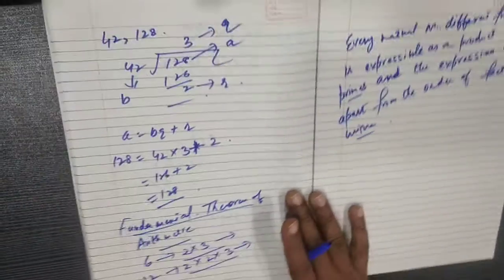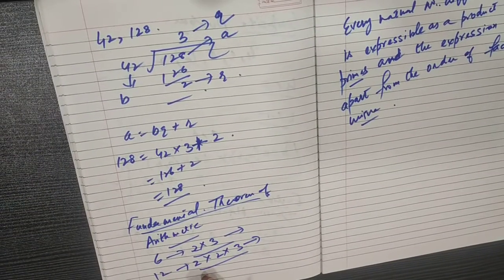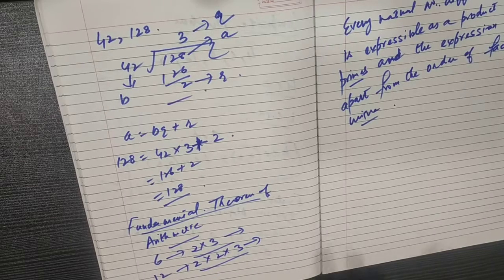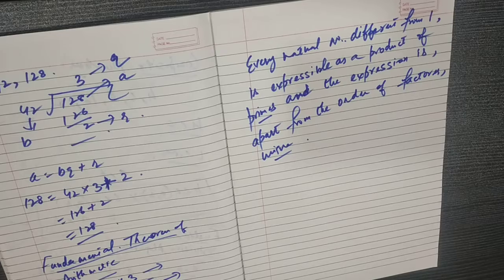So here I have told you that 6 can be represented as 2 into 3, 12 can be represented as 2 into 2 into 3. So this is the fundamental theorem of arithmetic, that is the unique prime factorization theorem.